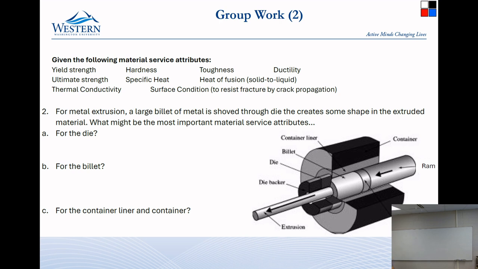What is the control system? The control system is what pushes the ram forward. When you put the billet in there, if the control system isn't smooth, it will slam the billet into the die.